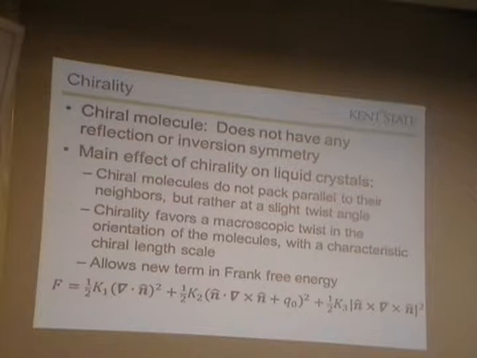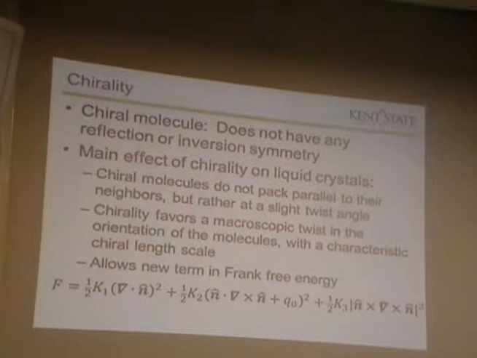And one way to get richer systems in the bulk, as you've already heard from some of our speakers, is to have chiral molecules. Chiral molecules being molecules that do not have any reflection or inversion symmetry. They are not equivalent to their mirror images.